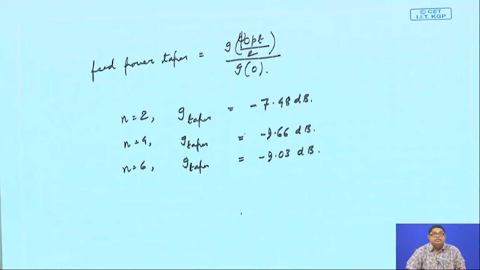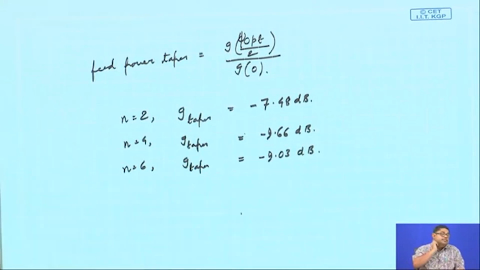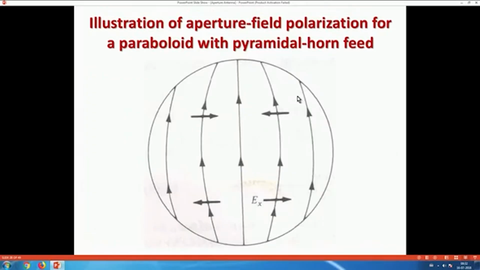So, in communication I already pointed out that this side lobe reduction is more important, and so people have considered what efficiency you are getting.